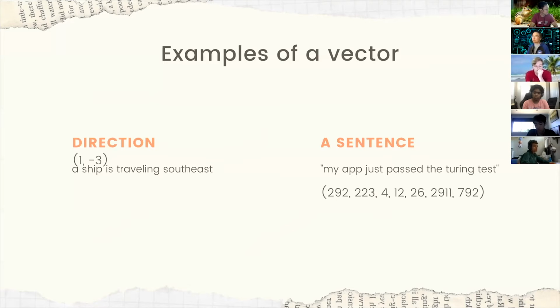The reason we want to turn these sentences into numbers is that you can represent a sentence using just a vector. And you can also calculate how two sentences differ or are similar to each other by looking at the difference between their vectors. So that's another way to think about it.